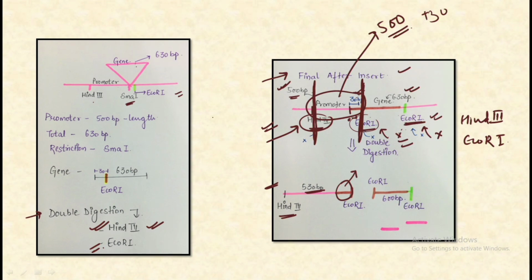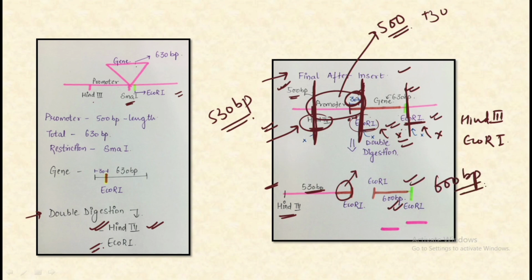So we will have one fragment of 530 base pairs, and the second fragment would be about 600 base pairs. Why? Because if we subtract these 30 base pairs from the gene, we have the second fragment of 600 base pairs. So one fragment of 530 and a second fragment of 600.